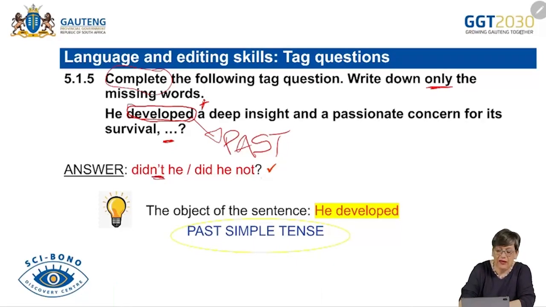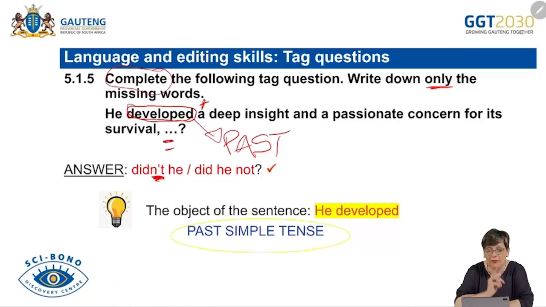Now, be very careful to make sure you've placed the apostrophe in the right place. Didn't he or did he not? Remember, this was the past simple tense, so we had to use did, and that's why we ended up with didn't, because it's in the negative form.